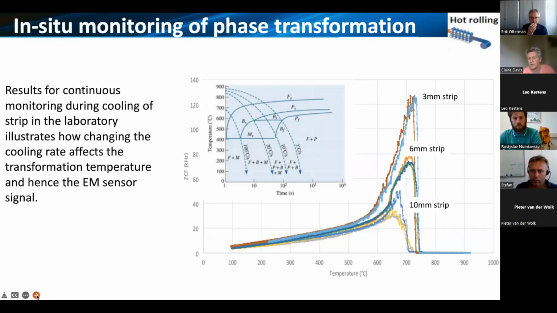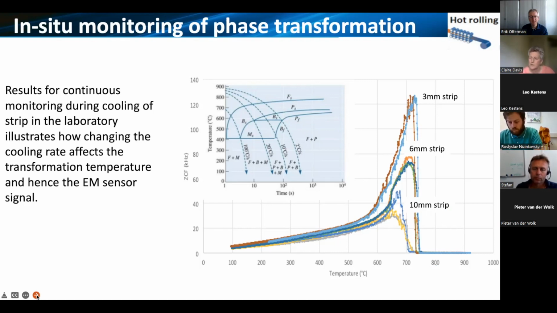And then I've got some examples. These are from our lab, but you get certain data points from the industrial application. Really here, I've got data for changing the thickness of the strip. That correlates to a difference in the cooling rates, and that affects the transformation temperature. And we can see here that the sensor signal, which is what's called the zero crossing frequency in this case, plotted against temperature.